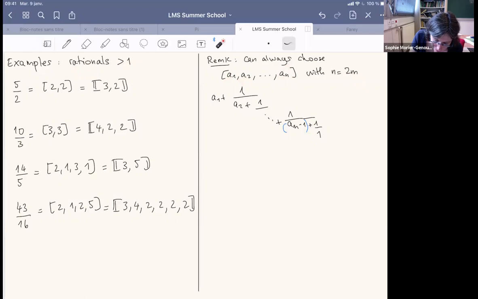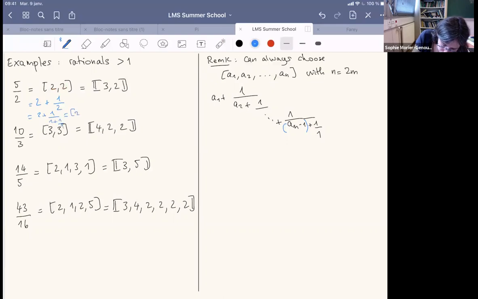Okay, so let's go over the example here. 5/2. It's pretty clear. You can do it in your head. It's 2 plus 1/2. That's what I mean by this notation. This 2 refers to these two numbers. What I was explaining in the remark is that I could have said that it is 2 plus 1/1 plus 1/1.